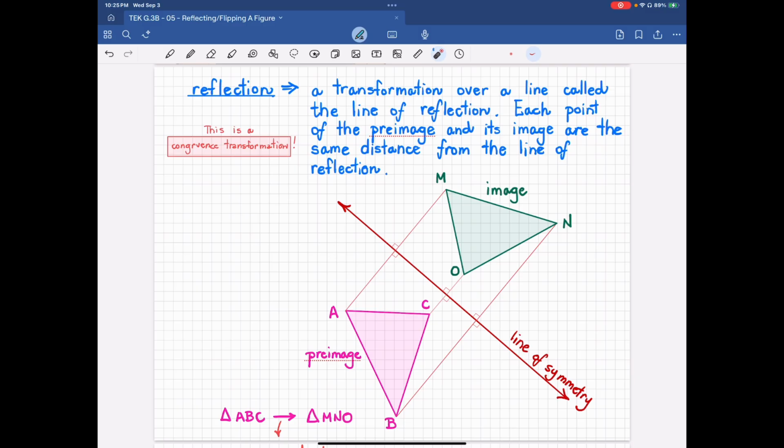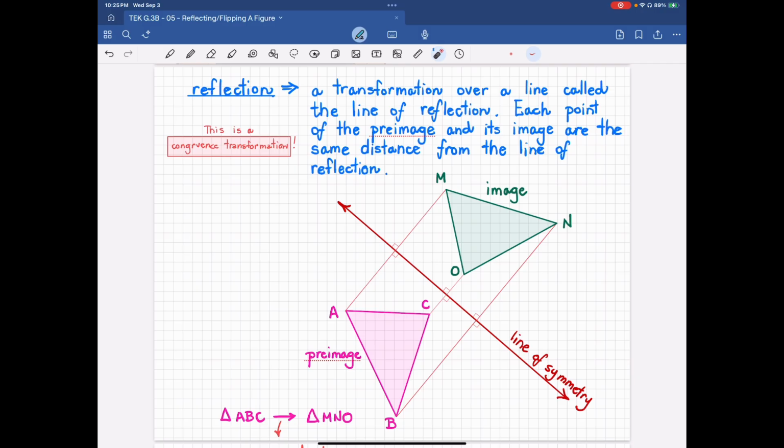No one will ever ask you this exact definition, but they will expect you to understand what it means to reflect a certain image, a figure, or a point over a line of symmetry or a line of reflection, and you need to know how to do it.